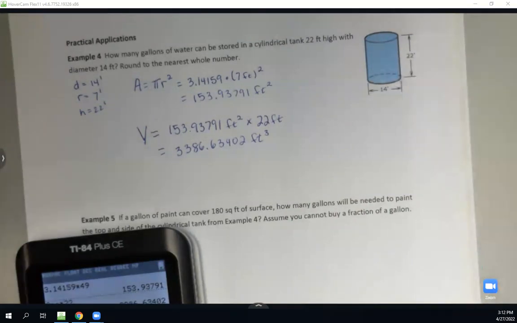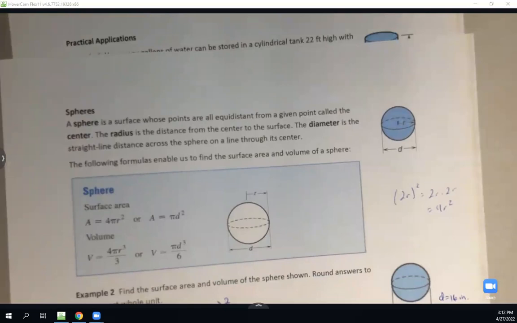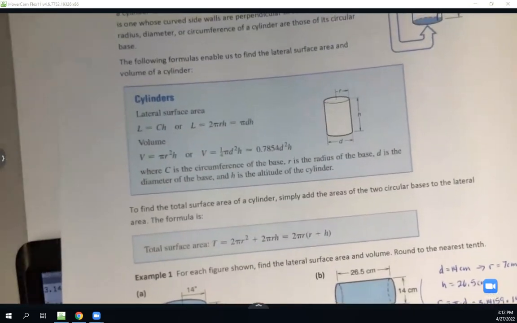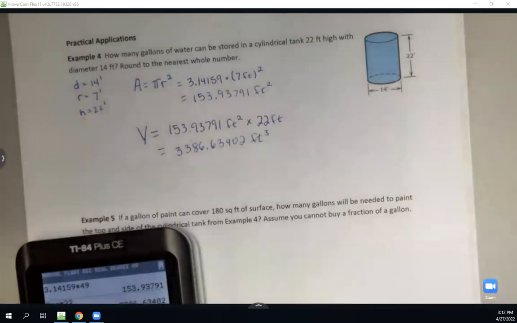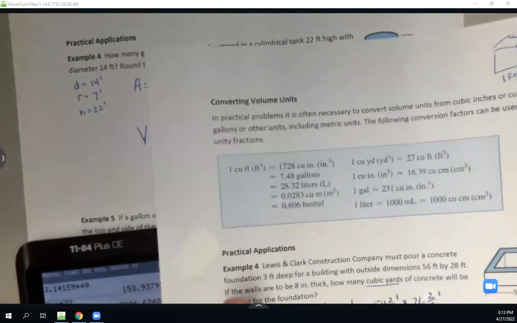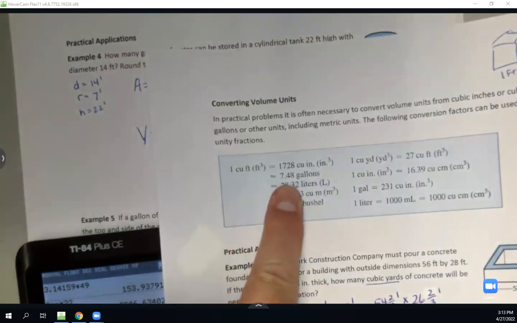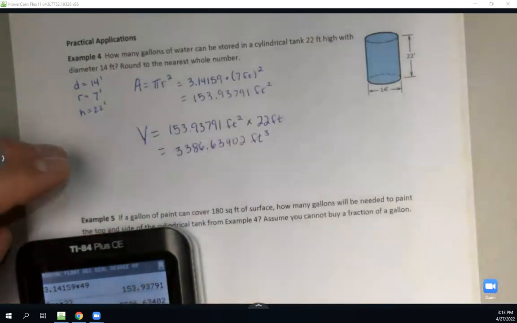So again, really the only difference between that and what we did on the previous examples is that we're figuring out how many gallons. So it's not a whole lot of difference. Now from the section 9.1 notes again, I know that 1 cubic foot will hold 7.48 gallons.